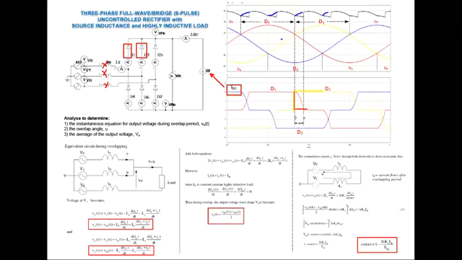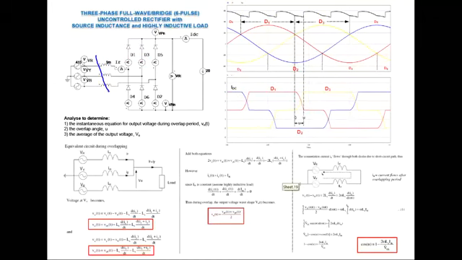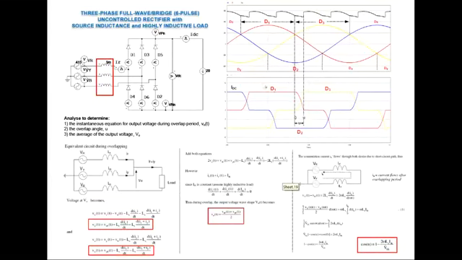Right, but now, due to the existence of the source inductance, we see that the current doesn't switch from D1 to D3 instantaneously.